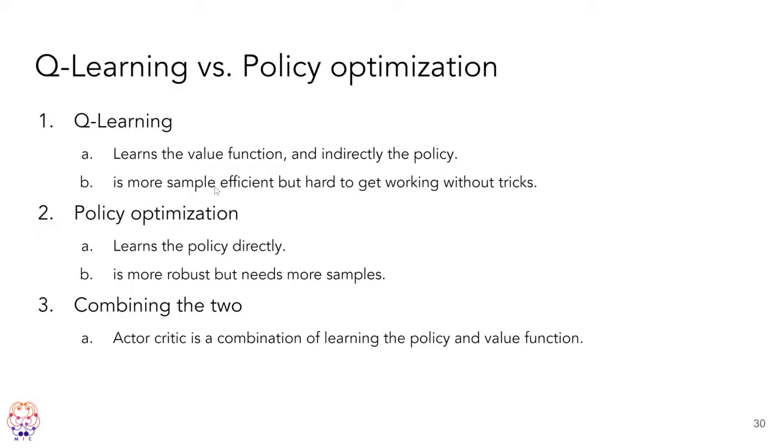Q-learning is usually more sample efficient, but it's hard to get working without a lot of tricks. Policy optimization is more robust, but needs more samples. By more samples, I mean it takes orders of millions in some cases to train, and that's not good.